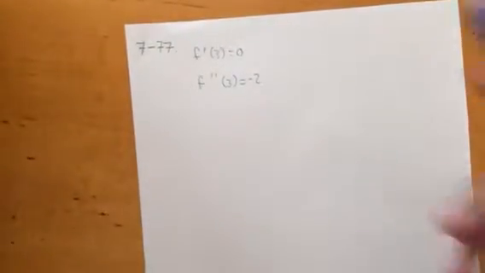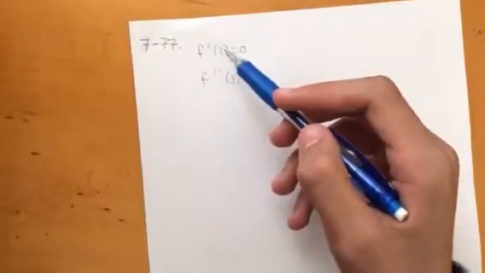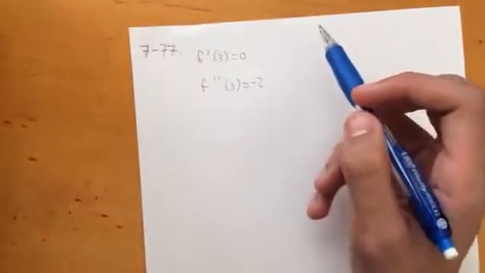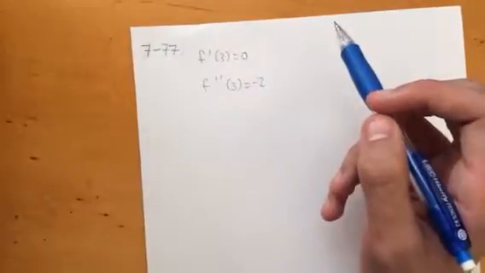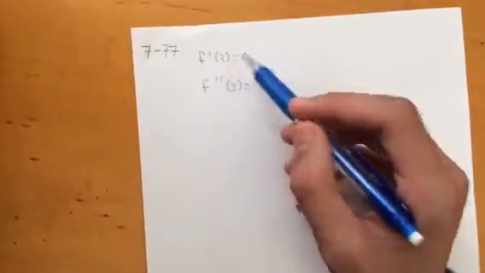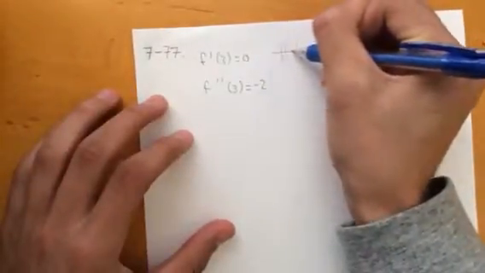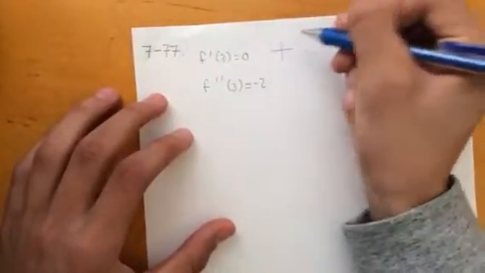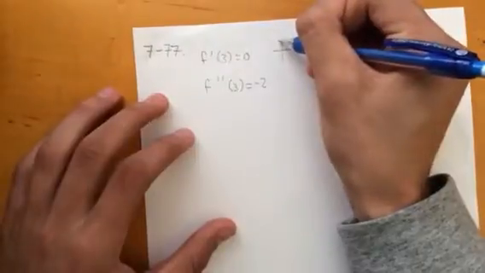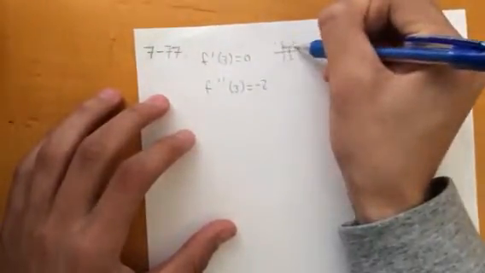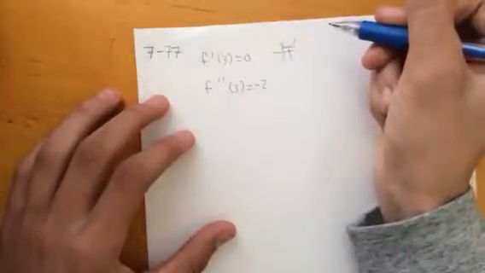We can gather from this piece of information right here that f of x, the function, has a horizontal tangent at x is equal to 3, right? So basically at x is equal to 3, let's say right here, there's a horizontal tangent, okay?